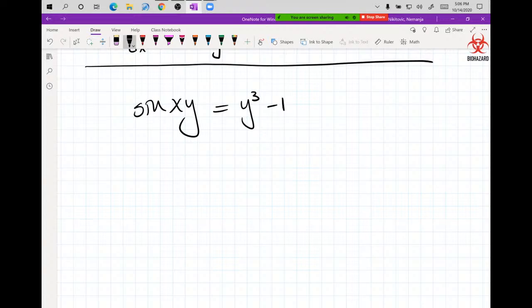Can anyone give me any idea? Okay, the YouTube says if we can make the y cubed alone, you can, but it's not going to help anything because you still have another y buried within the sine. So the answer is yes, but no. There's no reason for it.